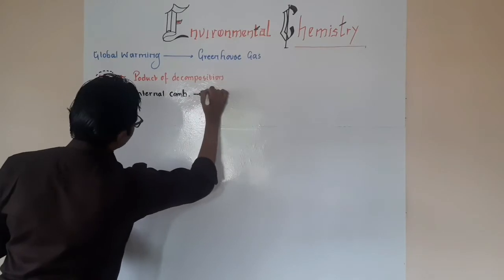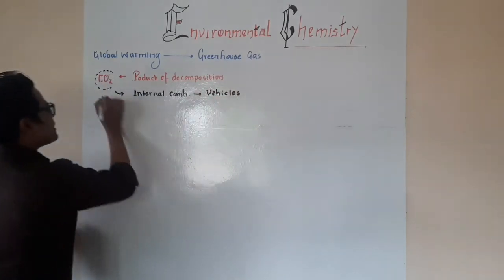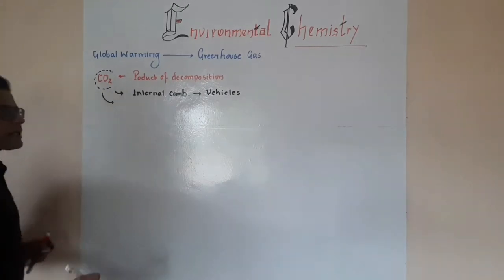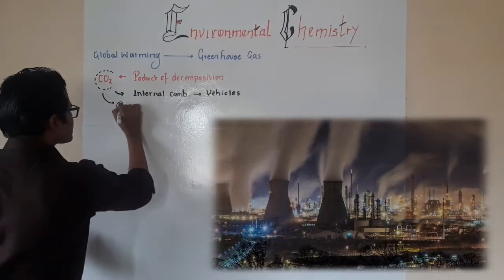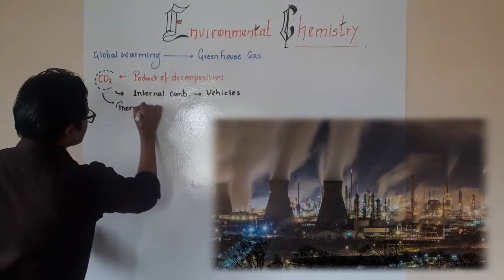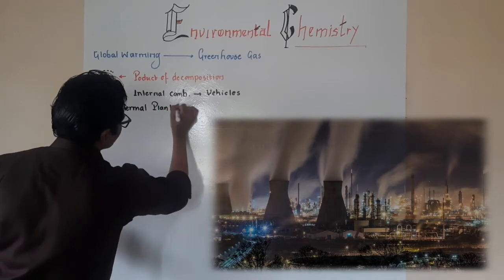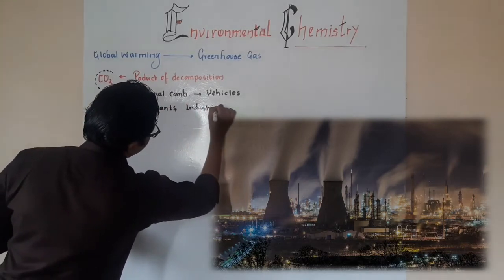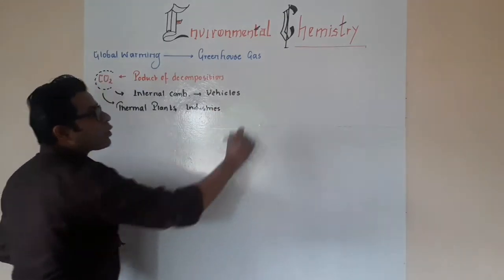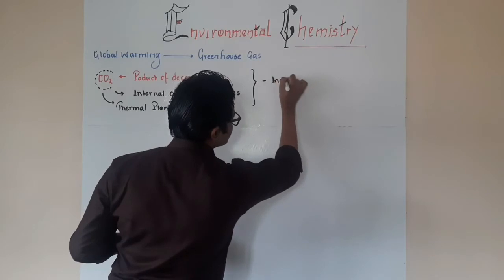That means it is derived from vehicles, right? It is also being released because of thermal plants, or we can just call them industries. Naturally, all these things are leading to an increase in concentration.